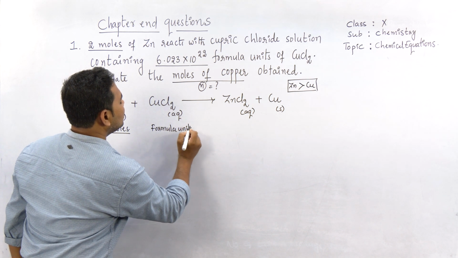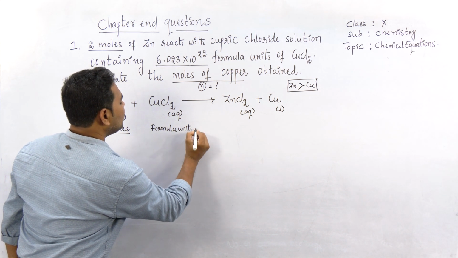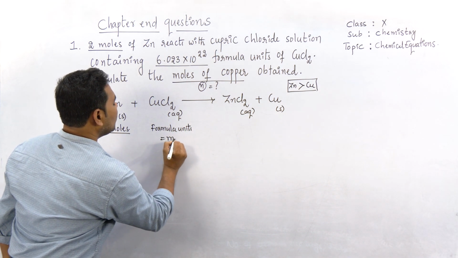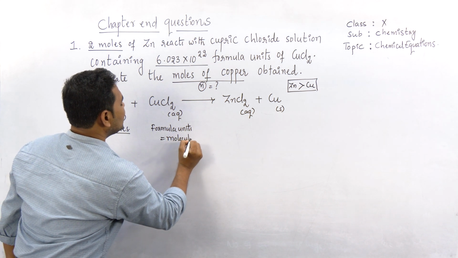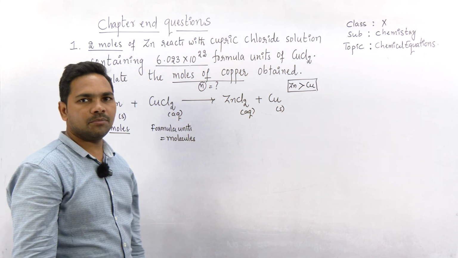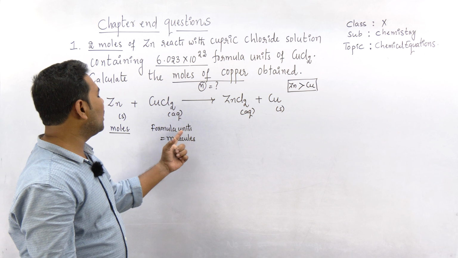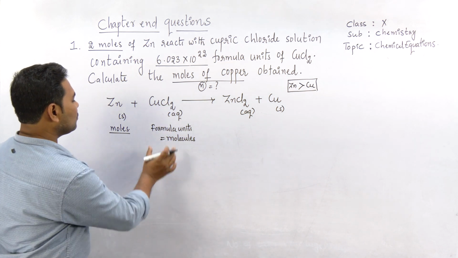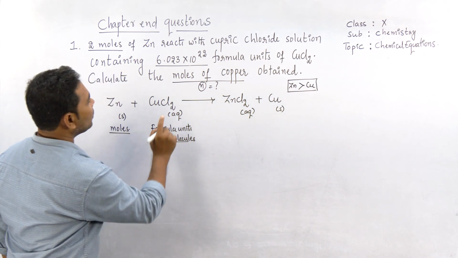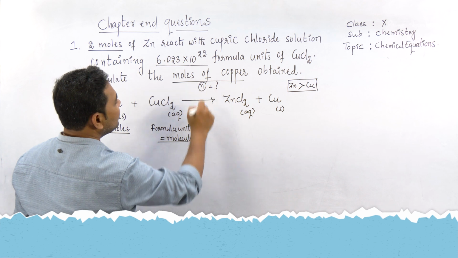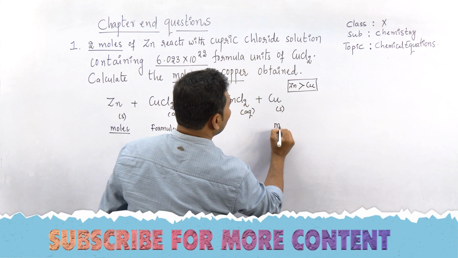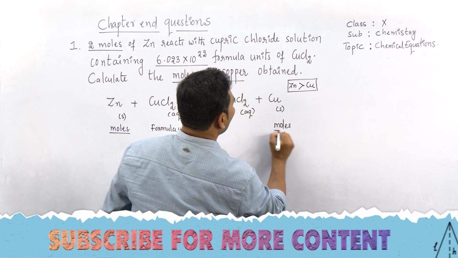Formula unit is used synonymously with molecules. Since cupric chloride is an ionic compound, we use the word formula unit instead of molecule. So formula units of cupric chloride, and it is also related to moles of copper obtained.